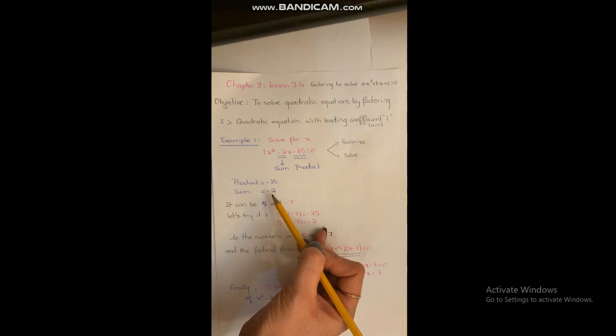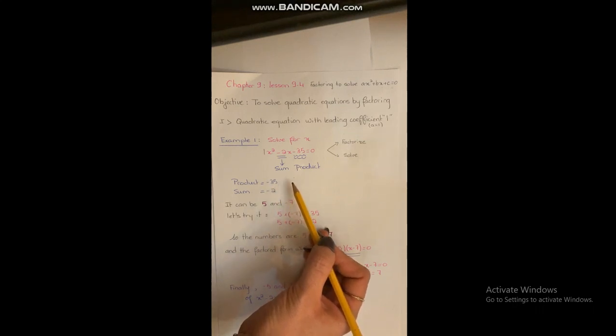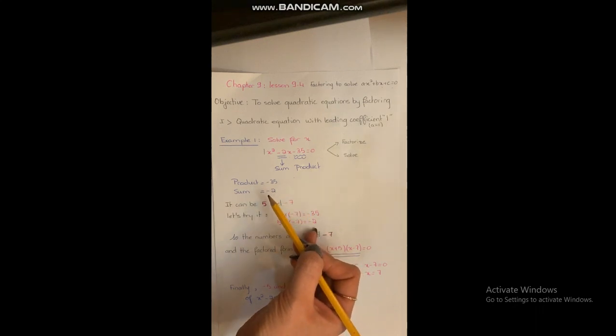Since the product is a negative number, one of these two numbers should have a negative value, and the second one should have a positive value. Think about it. What numbers can you find?